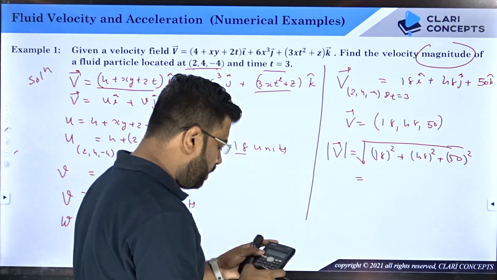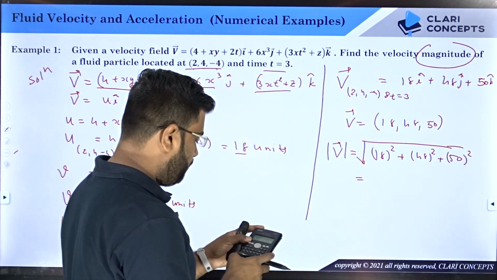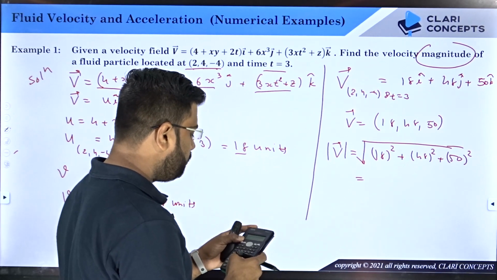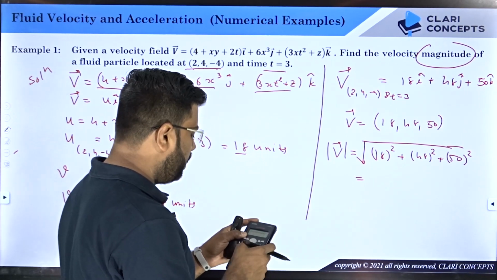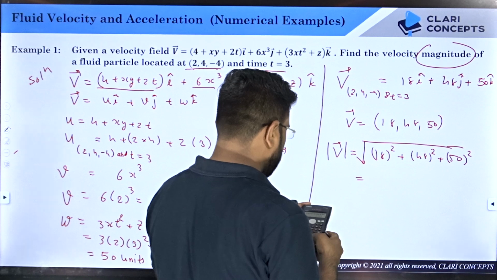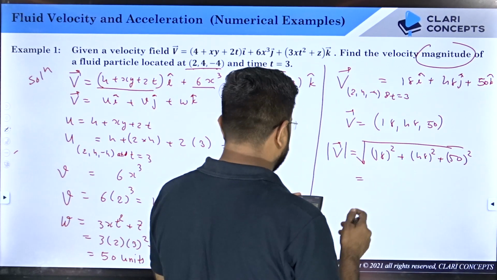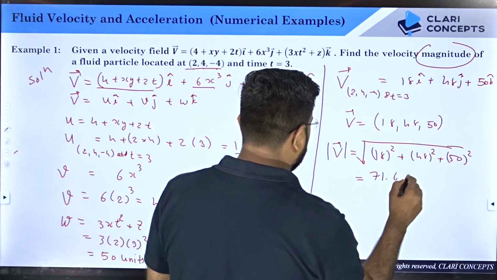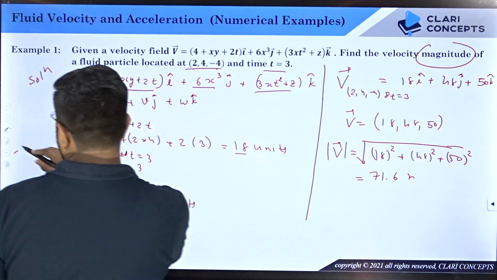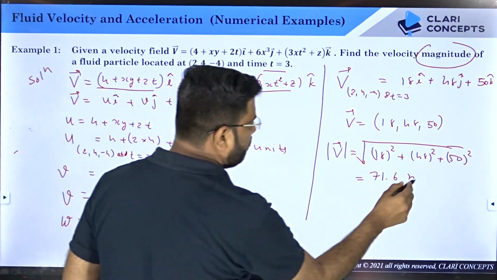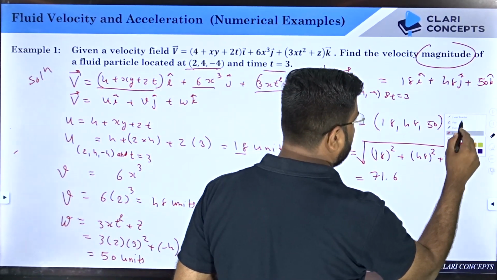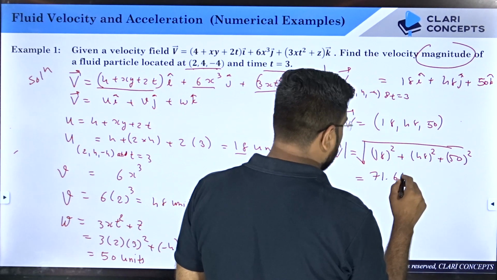Look at what the answer is: 18 square plus 48 square plus 50 square, 5128, and the square root of that will give me 71.6 units. Whatever the units are, it is 71.6 units.